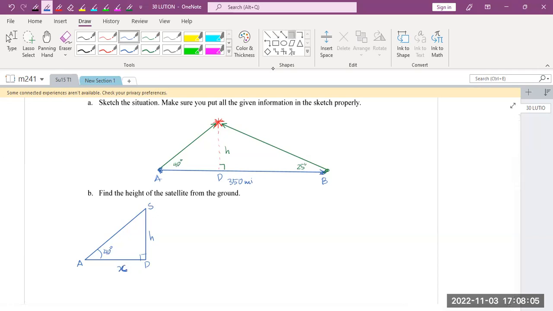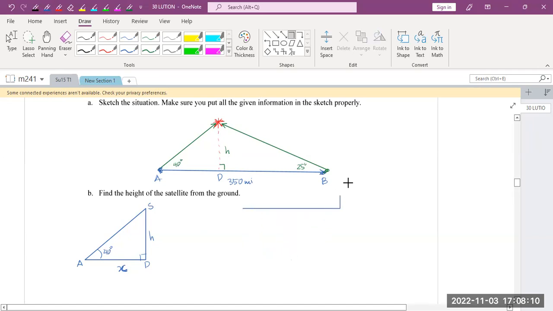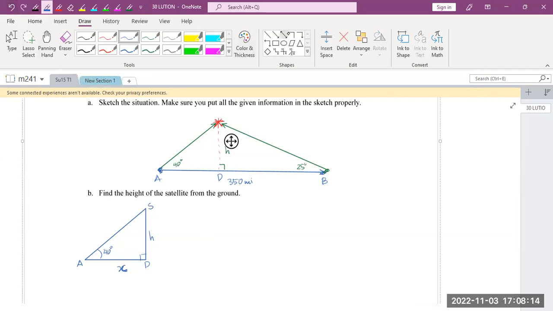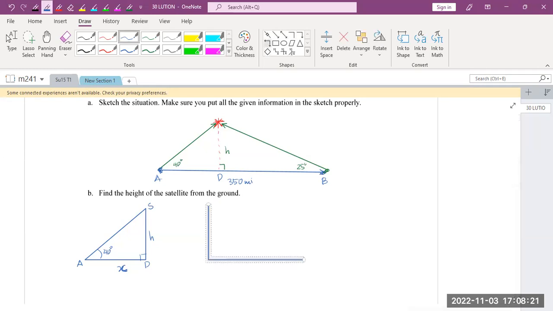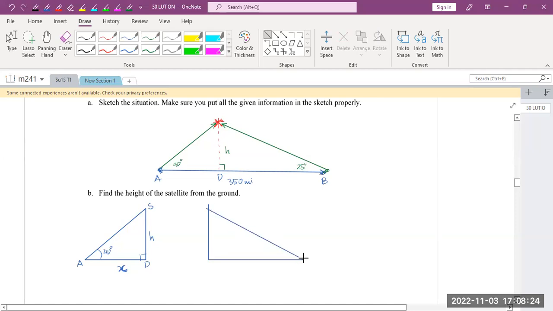And then the second right triangle, the one on the right-hand side. This is the satellite, this is the right angle D, and this is the radar B. This is 25 degrees.